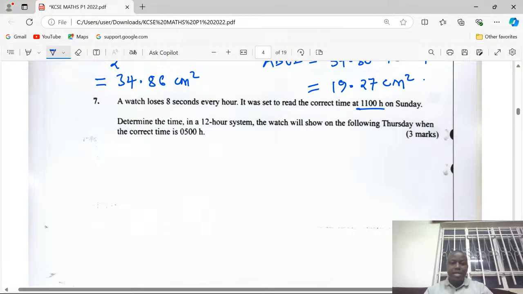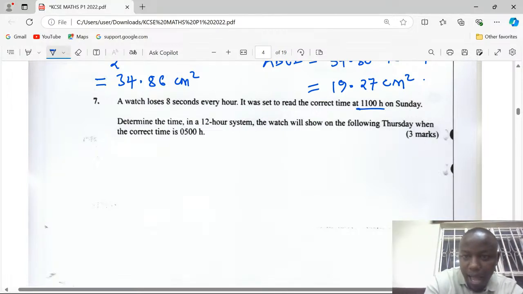Determine the time in 12-hour system the watch will show on the following Thursday, when the correct time is 05:00 hours. We are supposed to know that from Sunday up to this time, there are the number of hours we can compute there.